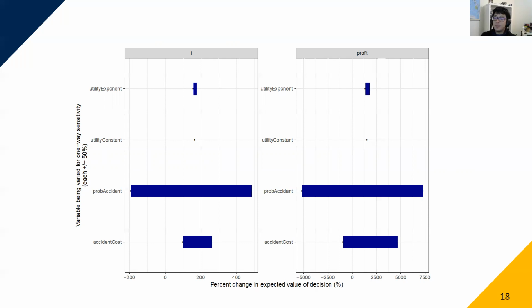I didn't make a chart about this, but another common way of doing the sensitivity analysis is using something called a spider diagram, which is actually the exact same thing in principle. It's just the display of your output is a little bit different.